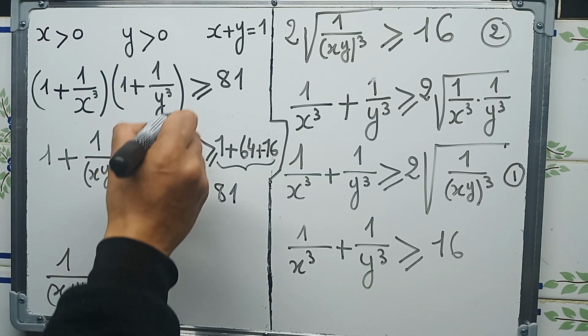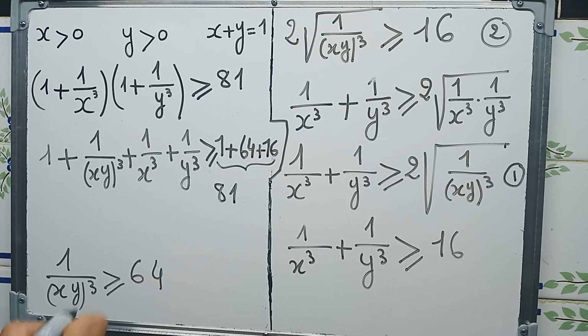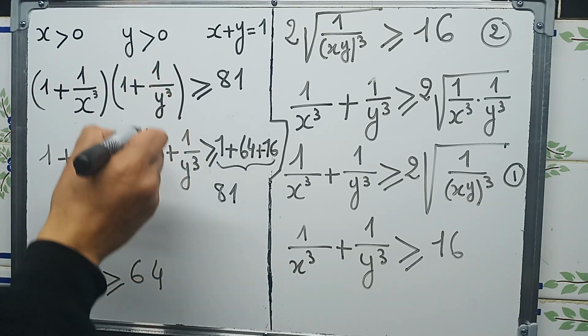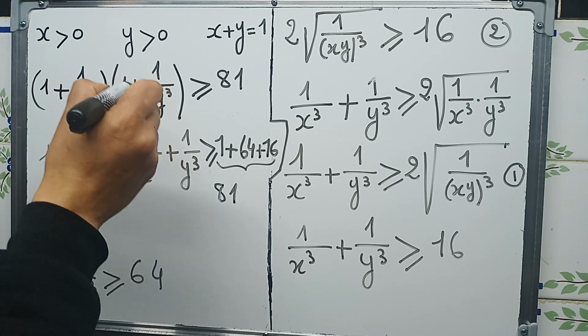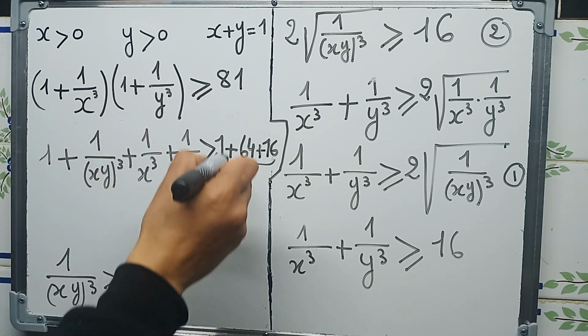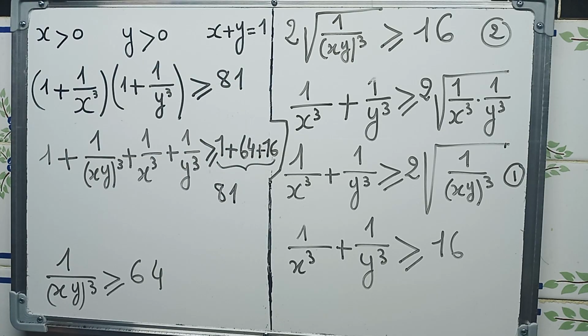And finally, you get to the conclusion: since this number is equal to the product we expanded, we have proven that this product is greater than or equal to 81. And this concludes our problem.